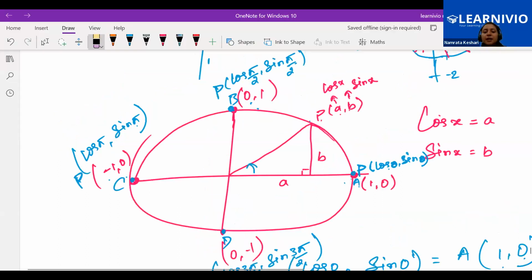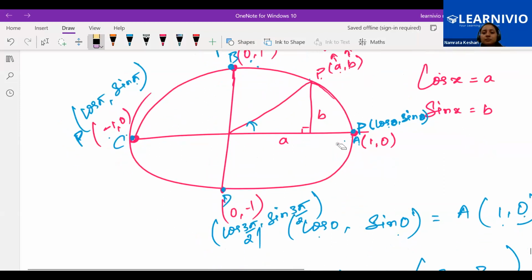What is cos 3 pi by 2, sin 3 pi by 2? Alina: cos 3 pi by 2 is 0 and sin 3 pi by 2 is -1.